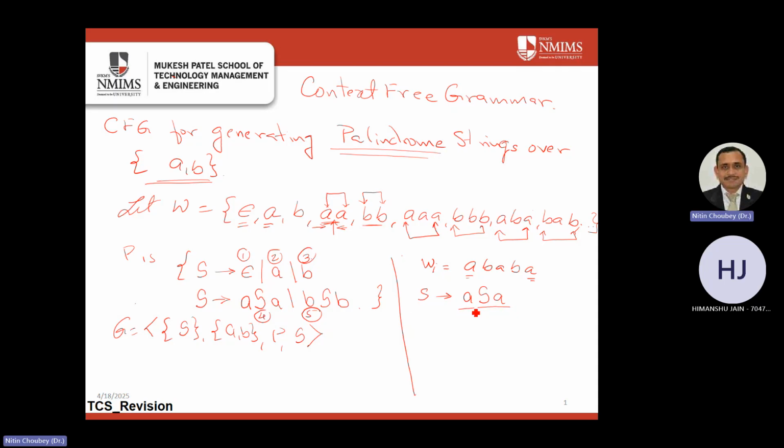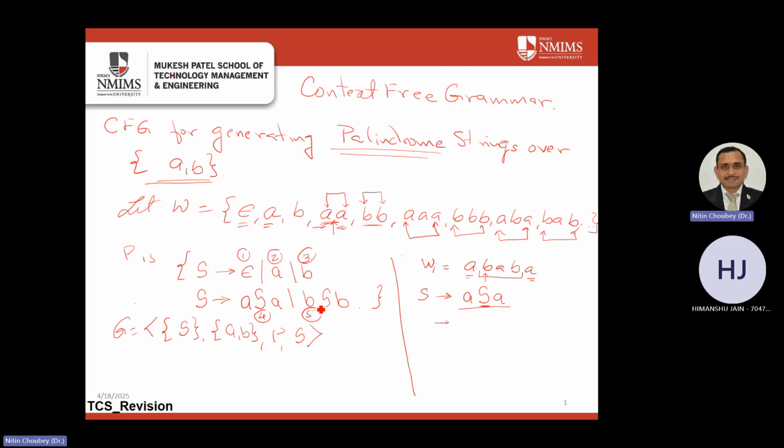Now from this S we generated this whole string. We have another variable available here, S, with the help of which we must generate this block. Now this block starts with B, and the rules which can lead to generation of B are rule number 3 and rule number 5.